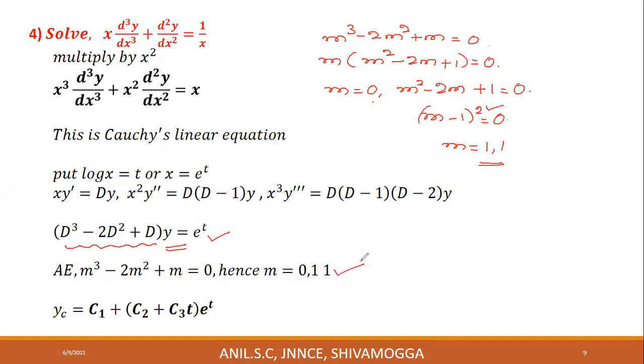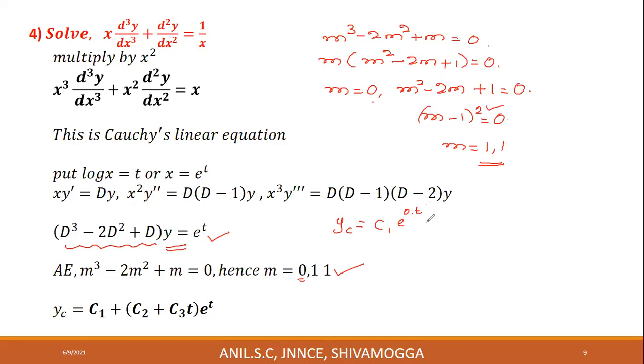Now write the complementary solution, which is denoted by yc. First I take m is equal to 0. Clearly it is real and non-repeated. Rule number 1 is applicable. That is C1 into e power mt, m is equal to 0, therefore e power 0 t. You need not write it.